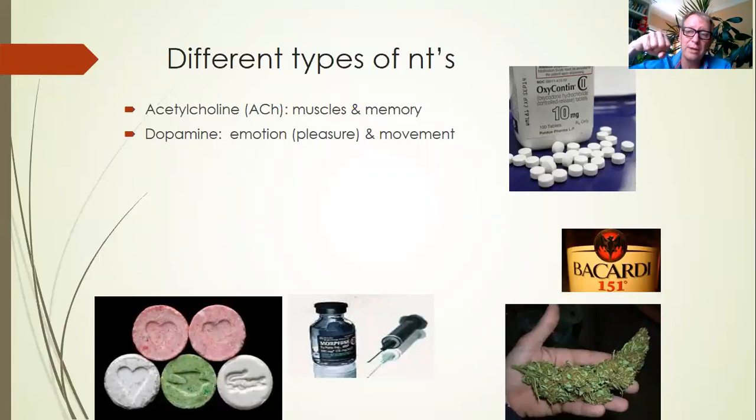It can't do that if reuptake is shut down. So it goes down and stimulates again, gets released, comes down and does it again. So some drugs work in that way by shutting down reuptake. And cocaine is one drug that does that with dopamine. And because dopamine is associated with pleasure, it's a highly addictive drug, obviously.